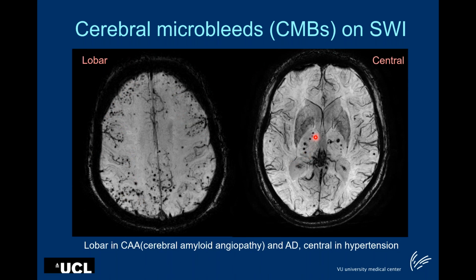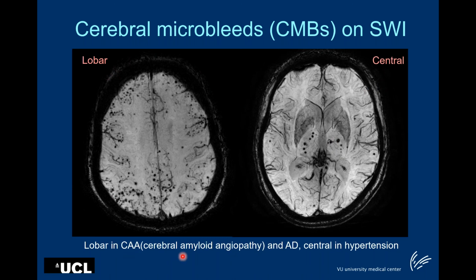On the right side, you see them in a central position, often in the thalamus, sometimes in the brainstem. And the central pattern is associated with cerebrovascular disease, so with hypertension, etc. Whereas the lobar pattern is related to amyloid angiopathy, to cerebral amyloid angiopathy.